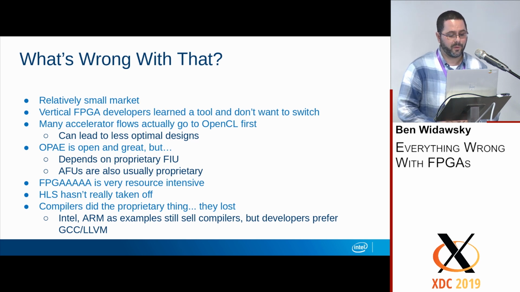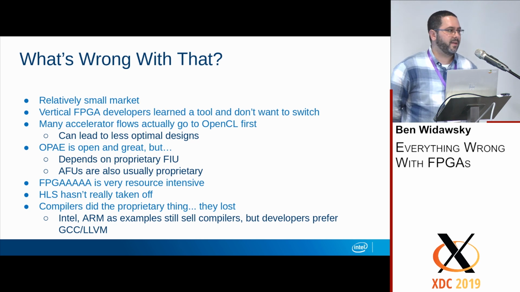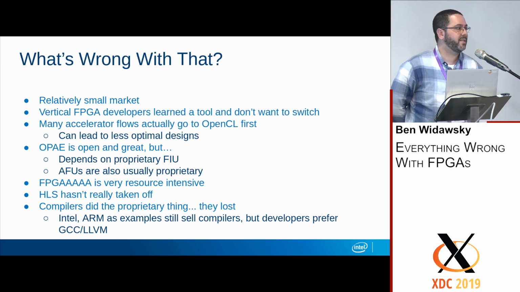Aside from the fact that it's slower, well, I think the room knows why OpenCL may not be the best for this. OPAE is great. I should mention that a lot of the people who were responsible for this have since left Intel, but it's the right idea. It's trying to standardize an interface to use FPGAs more generally. The problem is that the interface itself relies on proprietary stuff.